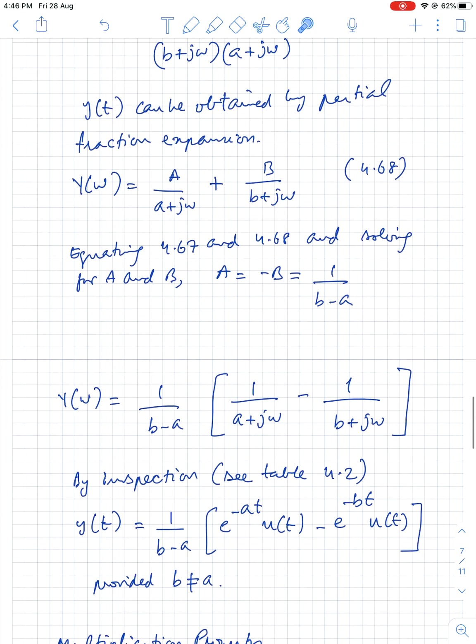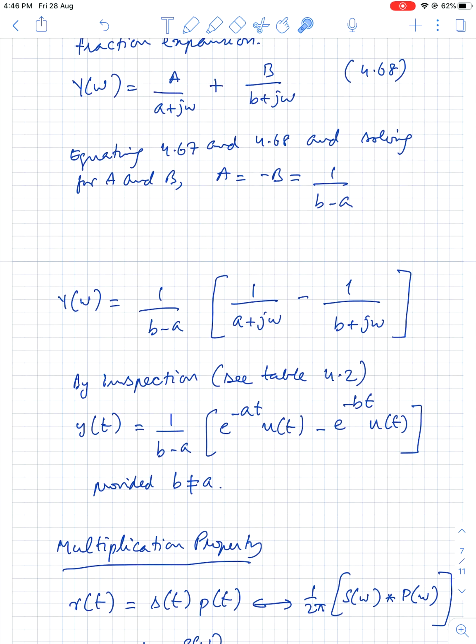So essentially your Y of omega is now this: 1 by a plus j omega minus 1 by b plus j omega. Your constants, you got as 1 by b minus a, and the relationship between a and b is a equal to minus b.